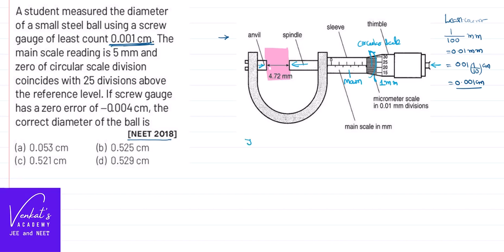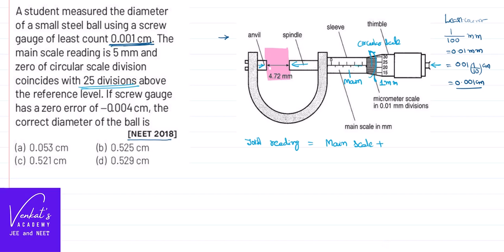To find out the total reading, the thickness, we can use a formula: main scale reading, which is also called pitch scale reading, plus circular scale coincidence. Literally, he will give something like it has coincided with 25 divisions.